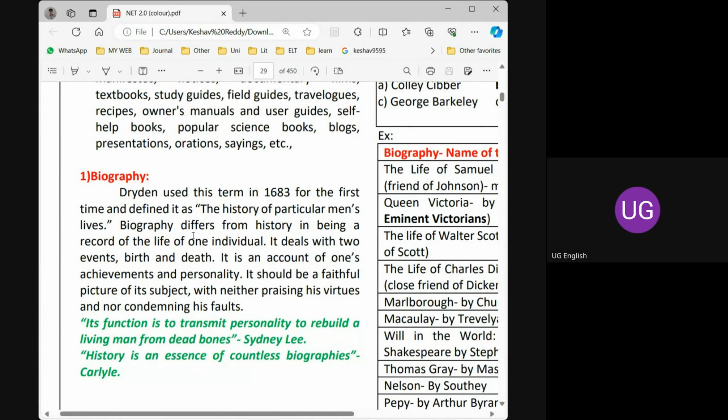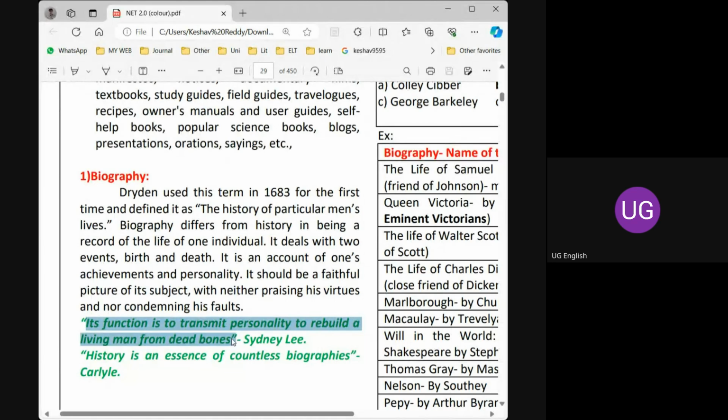But here we have two definitions by two different people. Sidney Lee, the biographer of Shakespeare, we'll discuss in Shakespeare's lives. Here he said that its function is to transmit personality, to rebuild a living man from the dead bones. So what is the purpose of biography? The one who writes the biography is called a biographer.